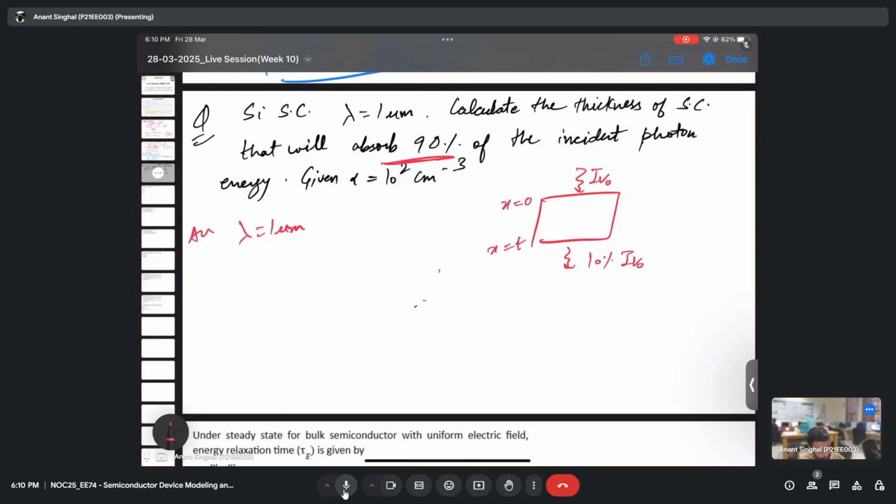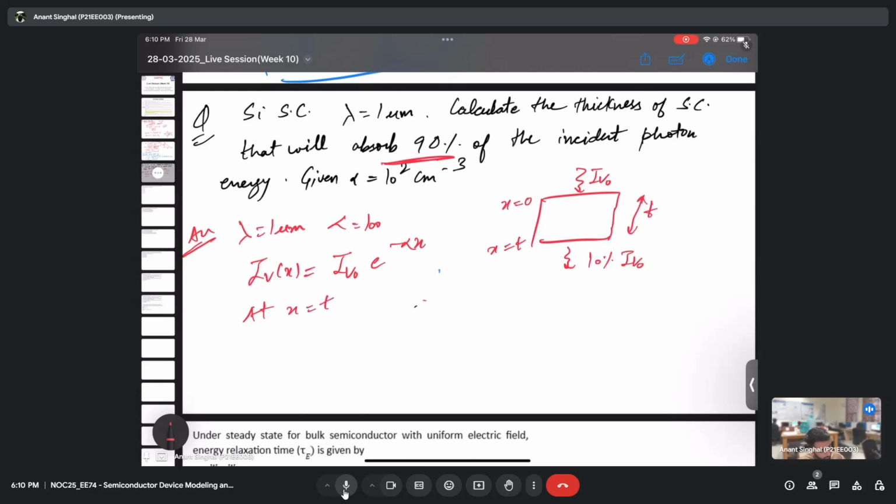Lambda is given as 1 micron, then alpha is also given as 100. So I_ν(x) is just I_ν0 exponential of minus alpha x, right? Let's say the thickness is t.